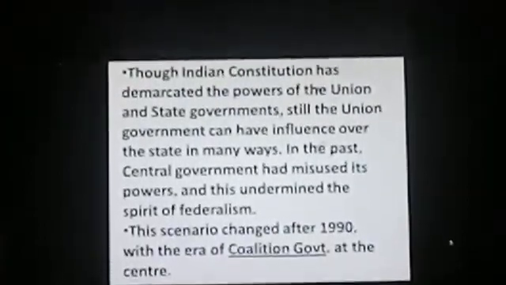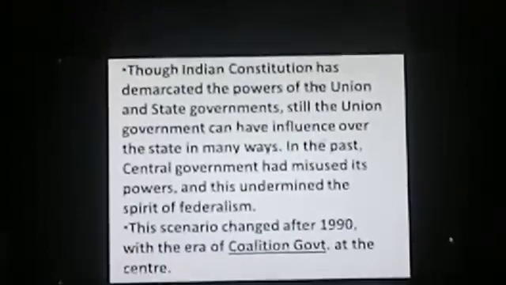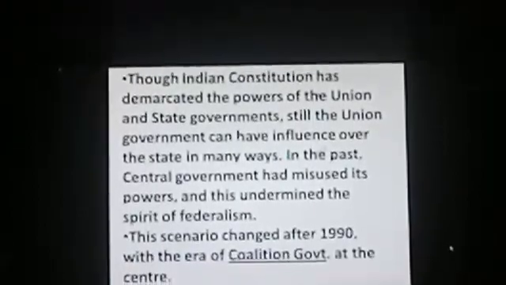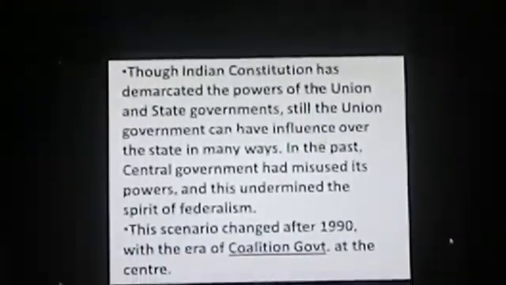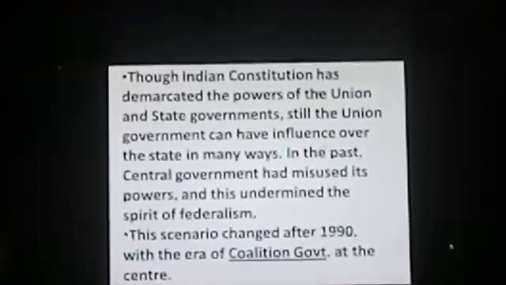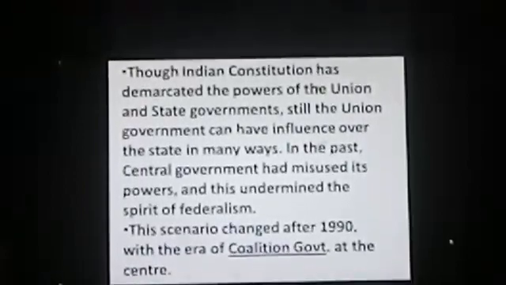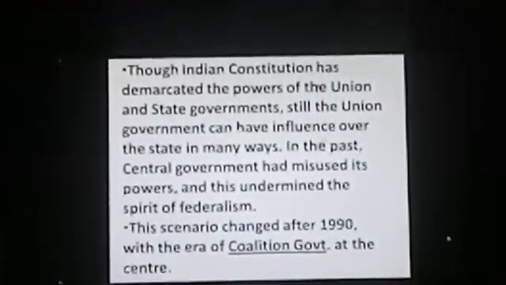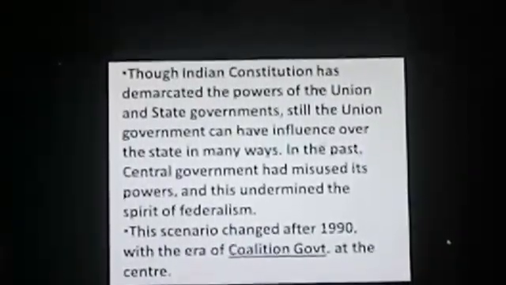Though the Indian Constitution has demarcated the powers of the union and state governments, still the union government can have influence over the state in many ways. In the past, the central government had misused its power, and this had undermined the spirit of federalism.